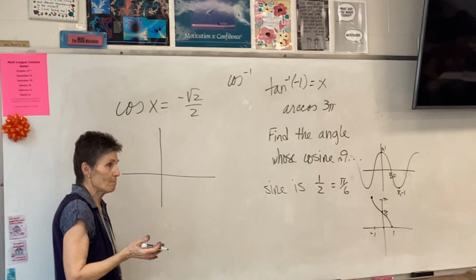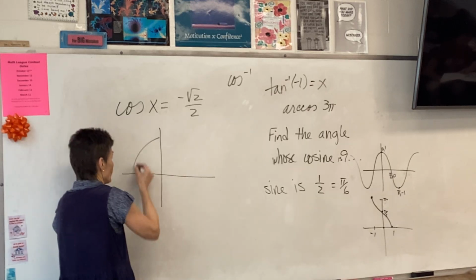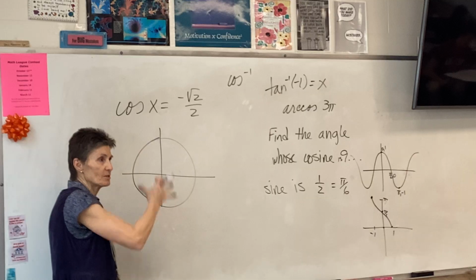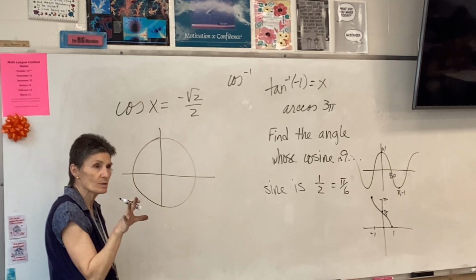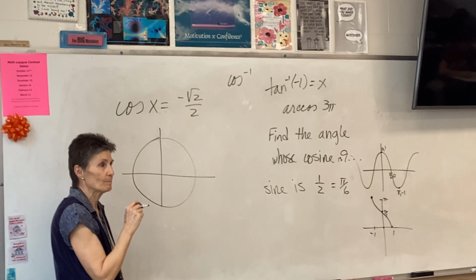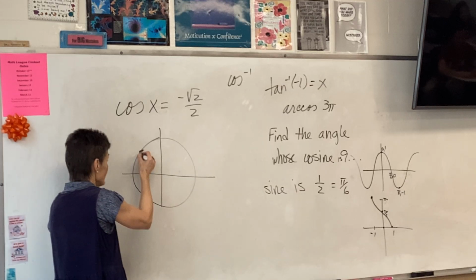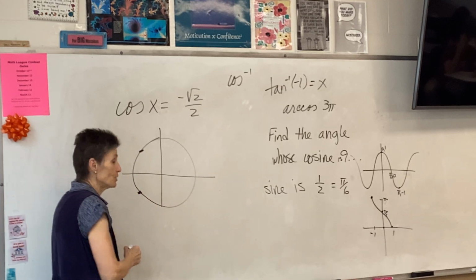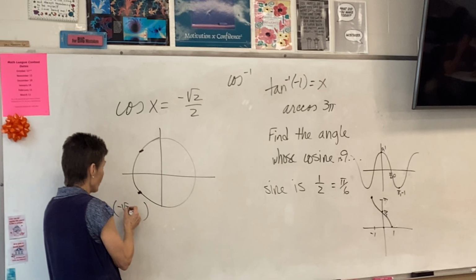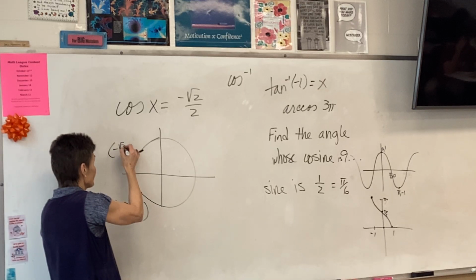So where would that be? Here's my circle. What parts of the circle would have a cosine that's a negative number? Here and here, right? Don't those have an x-coordinate that's negative?